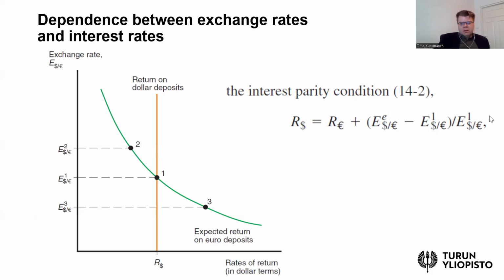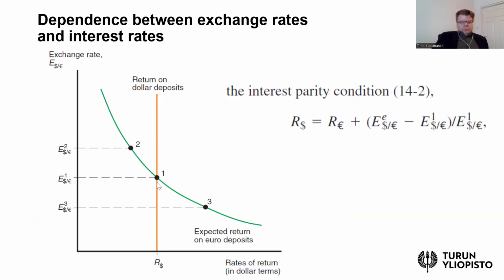So in this formula, notice that the superscript indicates the exchange rate at the time of the investment, and then superscript E refers to the expected exchange rate at the end, when this investment matures. So if, for example, the investor sells the bond, what matters is the expected appreciation or depreciation.